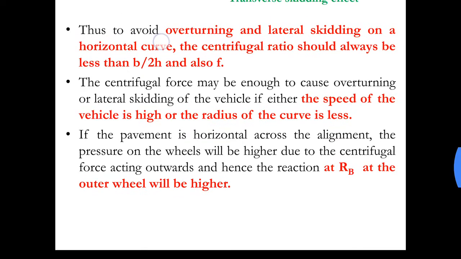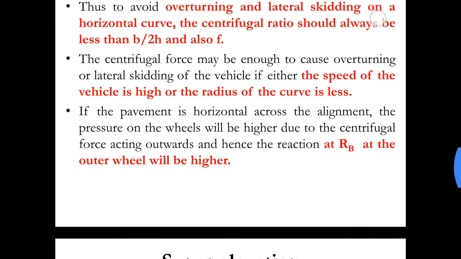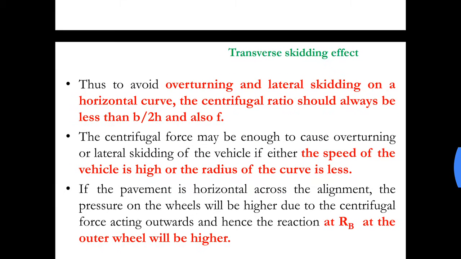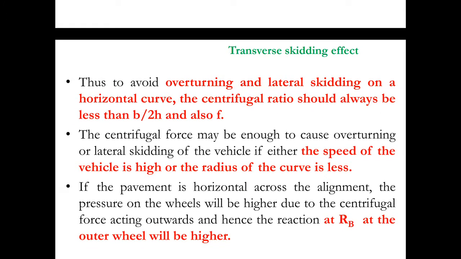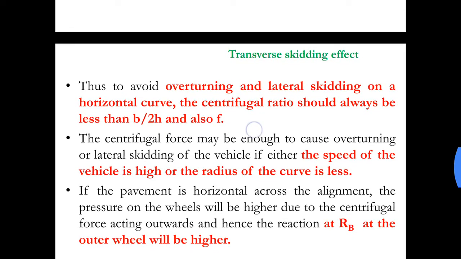Thus, to avoid overturning and lateral skidding on a horizontal curve, the two conditions that might occur, the centrifugal ratio should always be less than B by 2H and f.